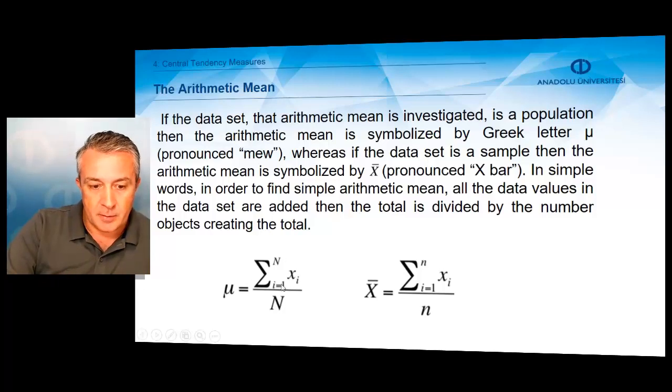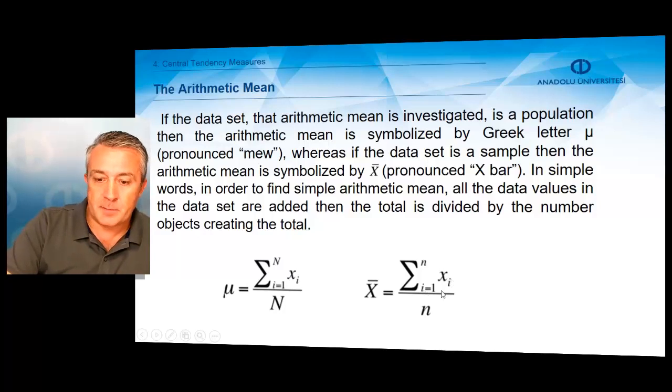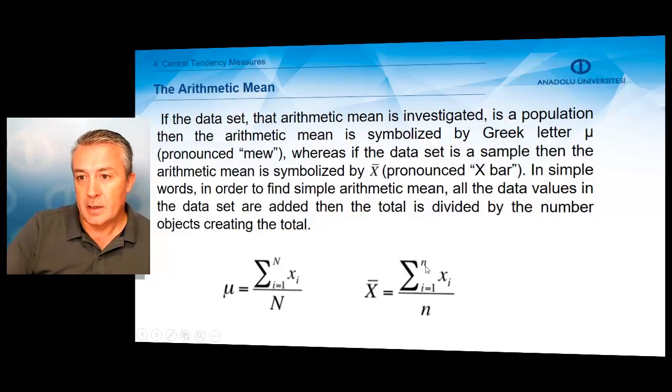Here we have i equal from 1 up to capital N. The capital N shows the number of objects in the population, and we add them up and divide by the number of objects in the population. So we will have the population arithmetic mean, mu. In x bar, the structure of the formula is the same, but this time i goes up from 1 to lowercase n. The lowercase n is the sample size, so we divide by the number of objects.